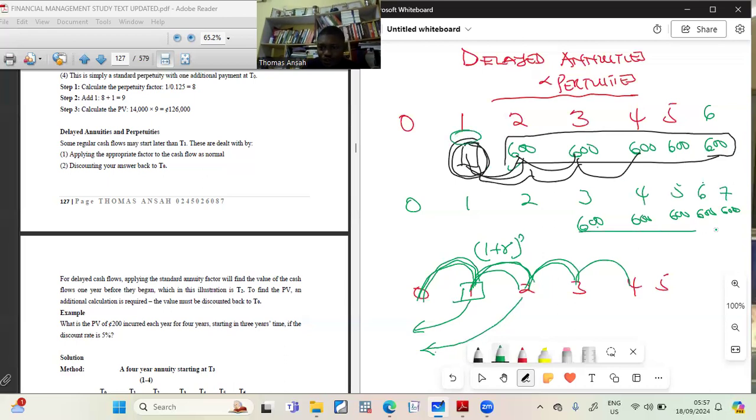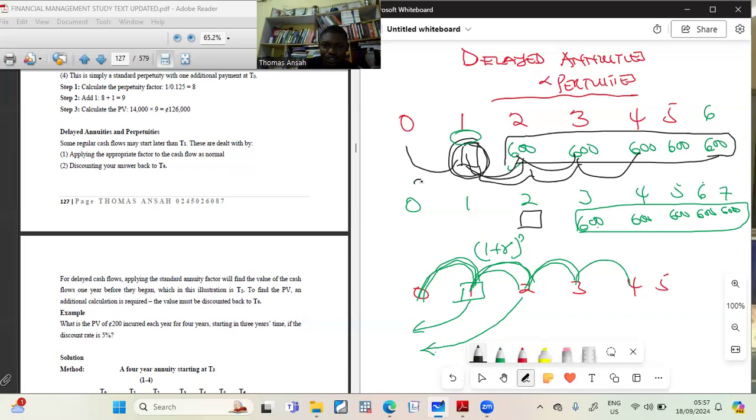This one, if you do the annuity, the answer that you get, its position is at year 2. So if it was delayed starting from the 4th year, the answer that you get, its position is year 3. But we want the figures at year 0. And so you have to come back 1 year.